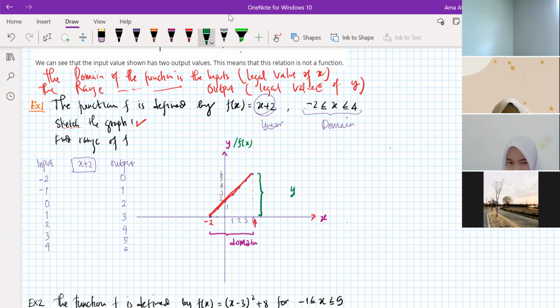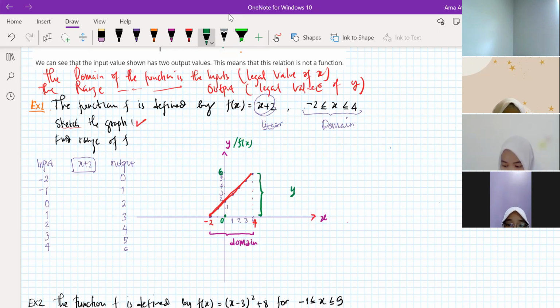Can you say? Our y is between 0 and 6. Look at the y. This is our y.